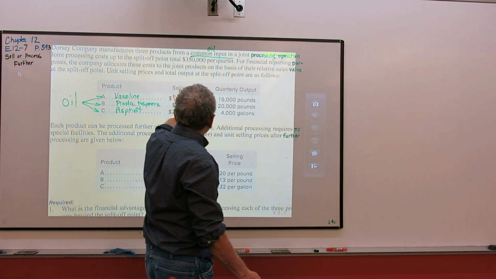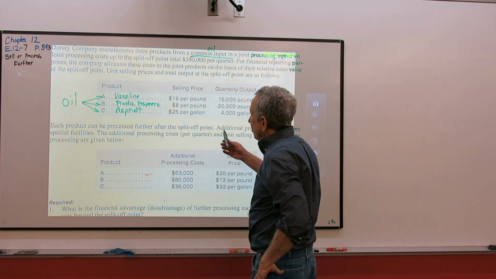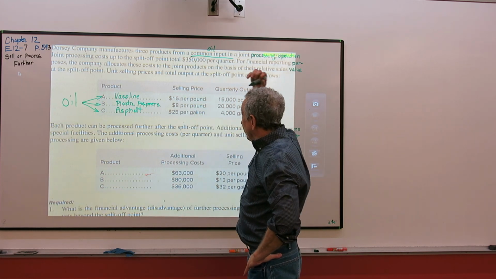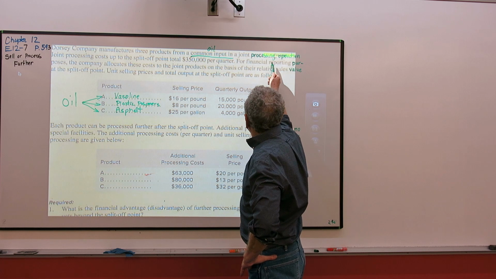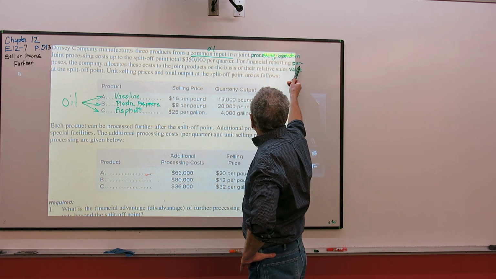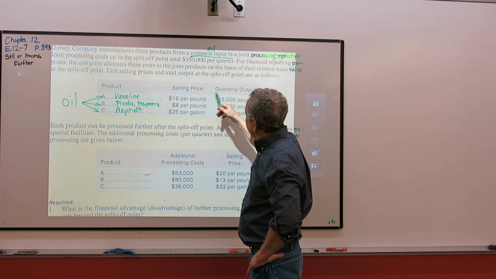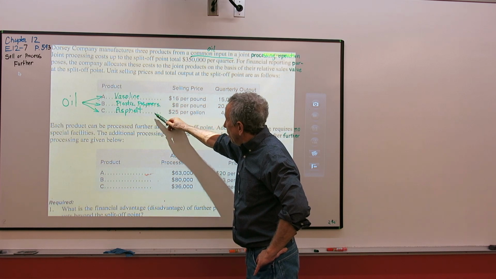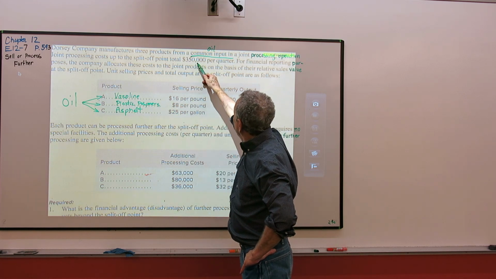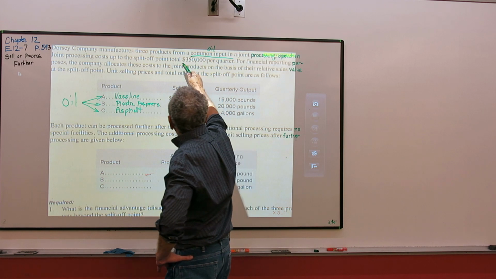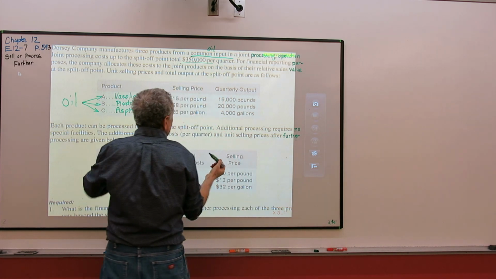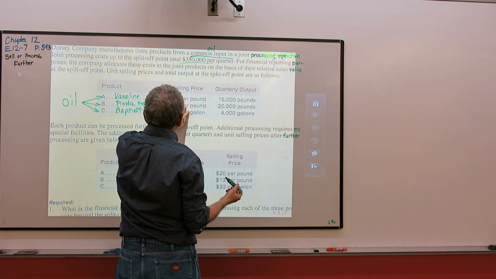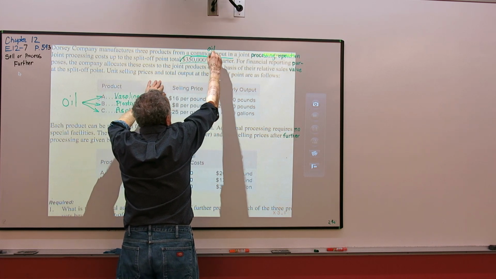Anyway, this problem deals with these 3 products. By the way, they've already got these. It says this is a processing operation, and they have Vaseline, plastic polymers, and asphalt, and they've got $350,000 of cost to get it to this point. So in other words, they can sell it right now.